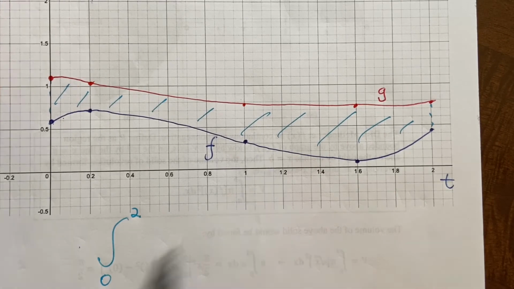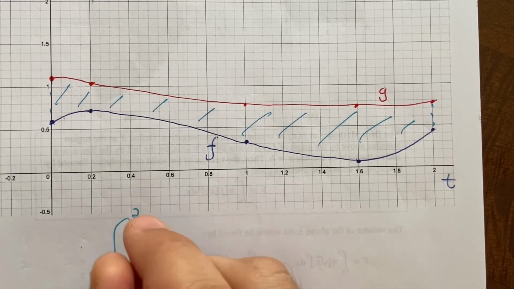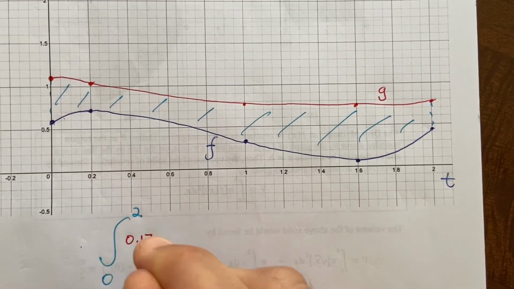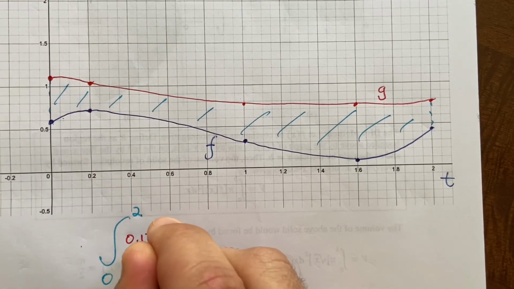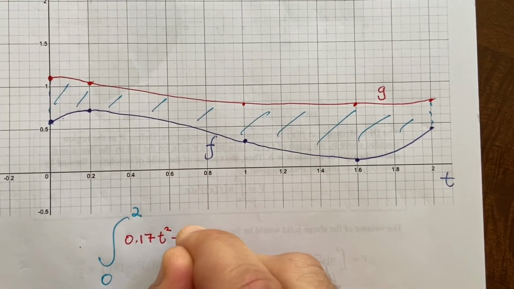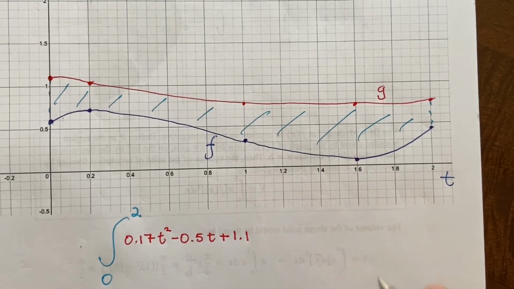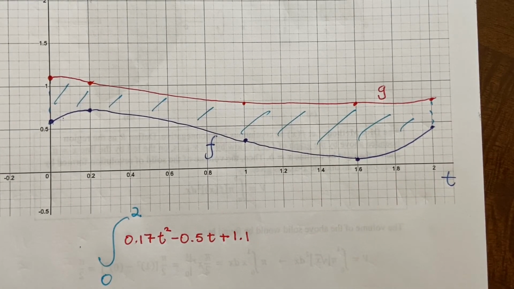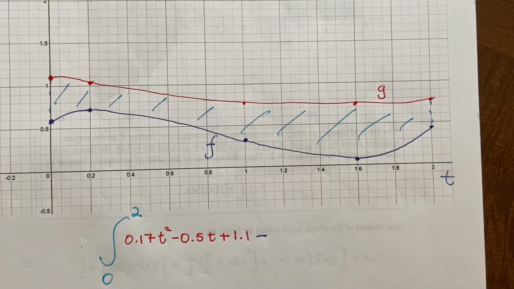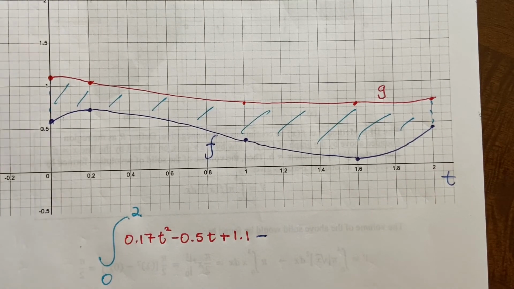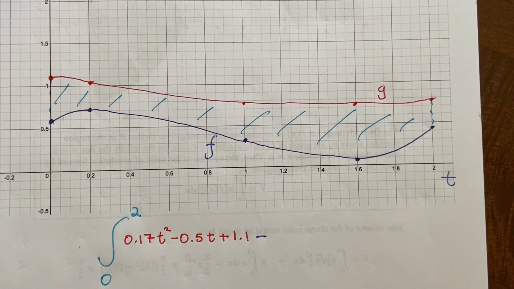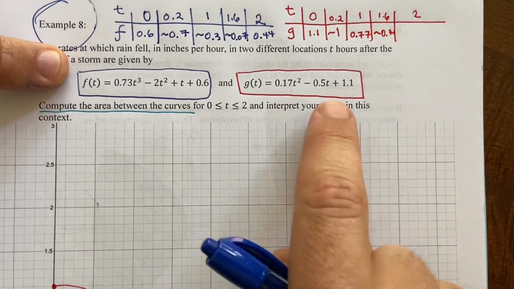And now g, 0.17 t squared minus 0.5 times t plus 1.1, and then minus f, since it's on bottom, right? So I'm looking here and here.